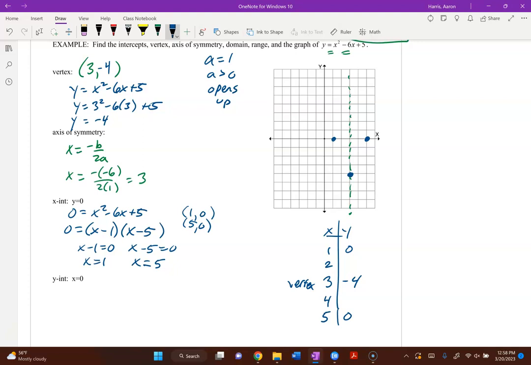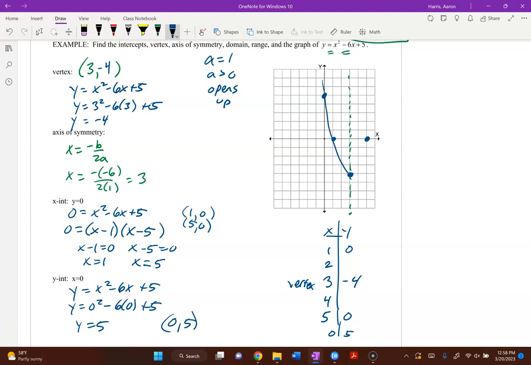Our y-intercept, we got to let x be 0. So we have 0, 5. Throw that point on there. 0, 5. And that's really enough to graph it.